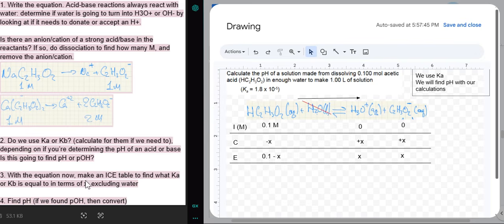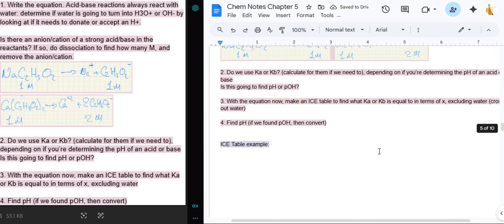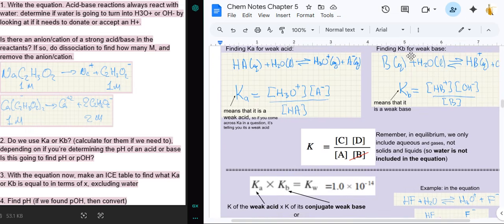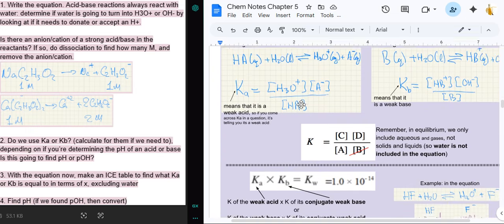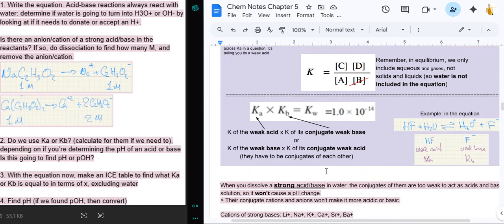Now we're done with the ice tables. Now we find pH. And we can find pH using the two tools I wrote here. Two tools. This equation and this equation.